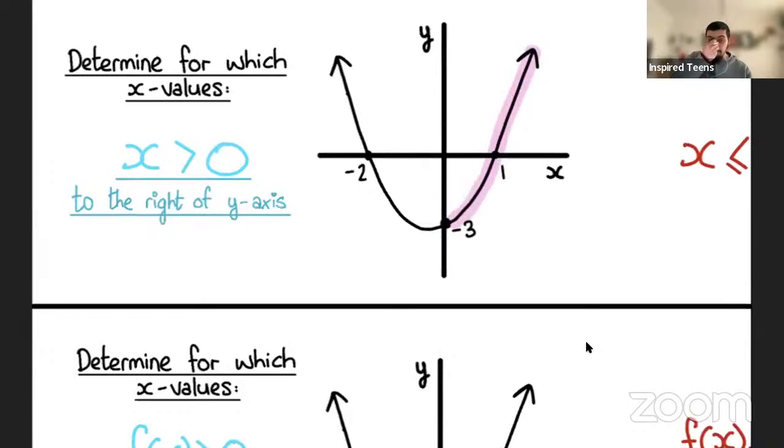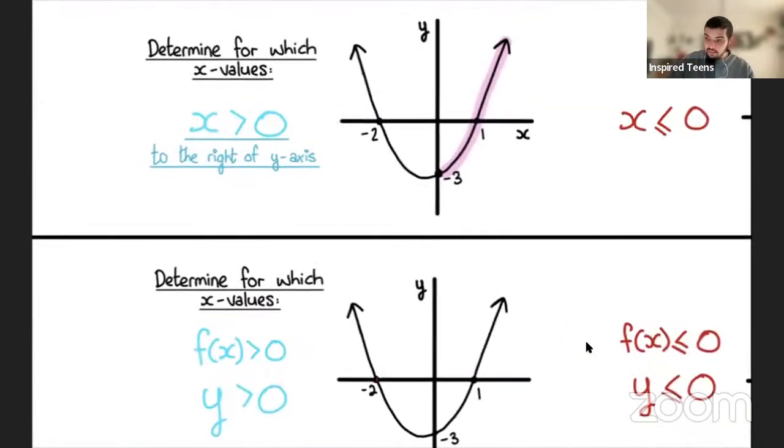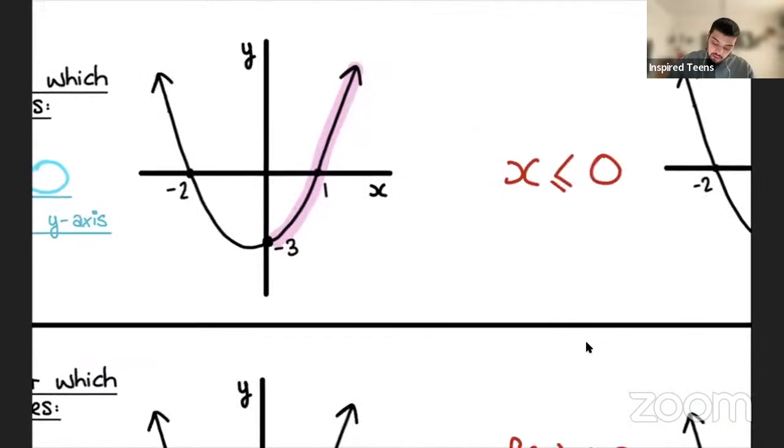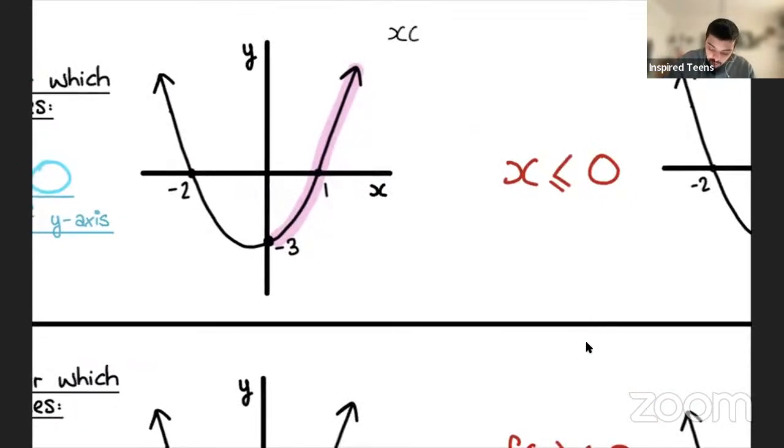There we have highlighted the part of the graph where x is greater than 0, or x is to the right of the y-axis. Now, let us write that in terms of x values. We're going to have x is an element of, and we need a start value and an end value. The most left value is here, in terms of x coordinates.